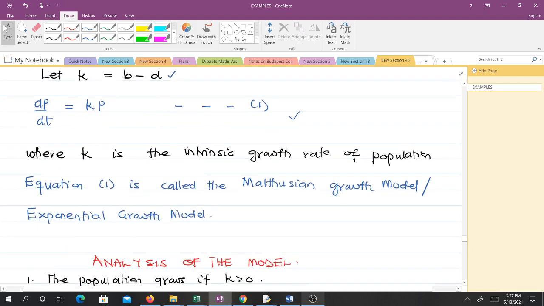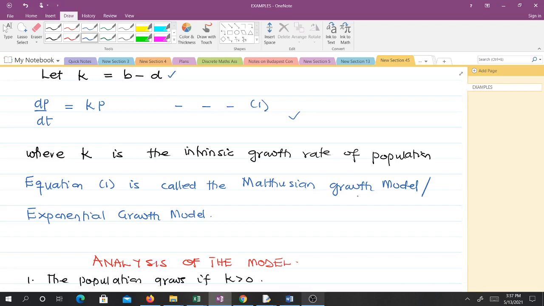In equation 1, our k is what we call the intrinsic growth rate of the population. Equation 1 is what we call the Malthusian growth model, which is also known as the exponential growth model.